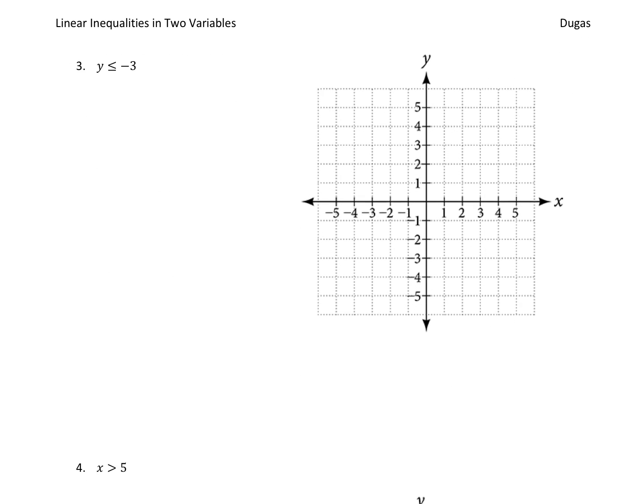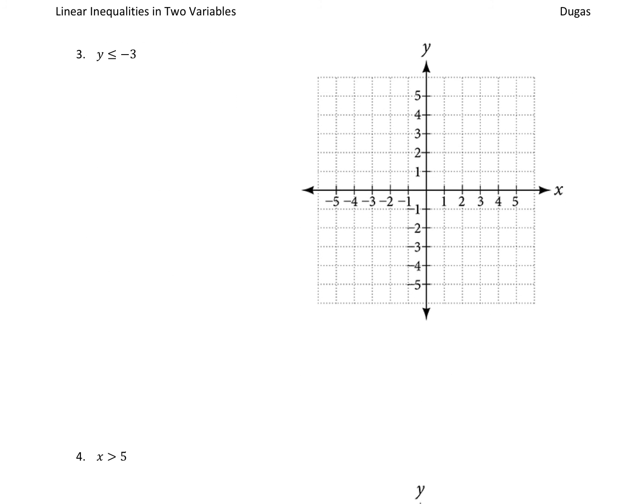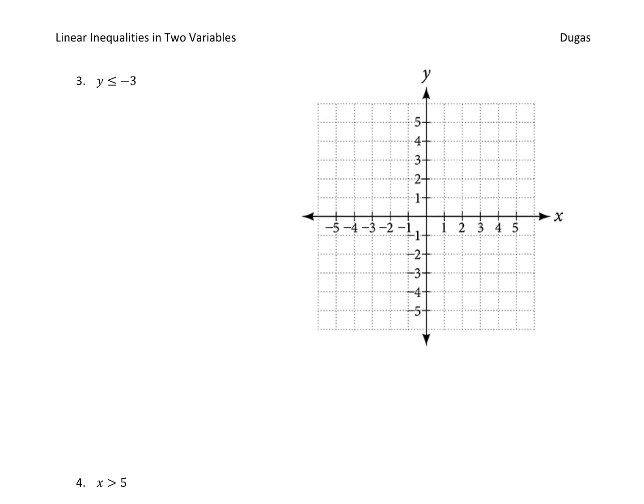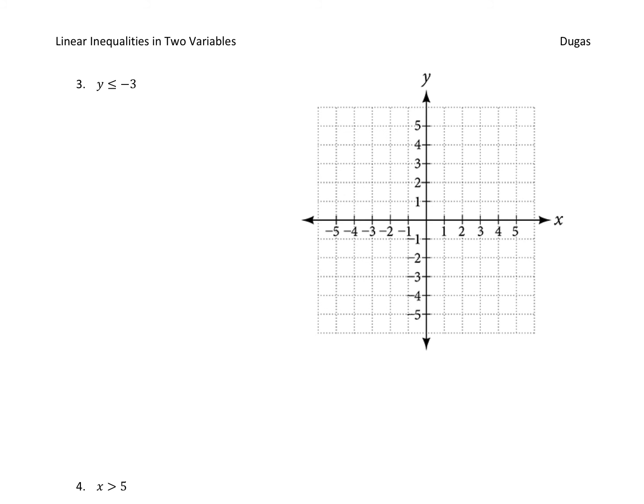All right, let's look at another one. Number 3, this is our special case. If you remember from graphing linear equations, then you would remember that this is a special case. If I had an equation, it would just be y equals negative 3. And that is associated with a horizontal line that passes through the y-axis at negative 3.